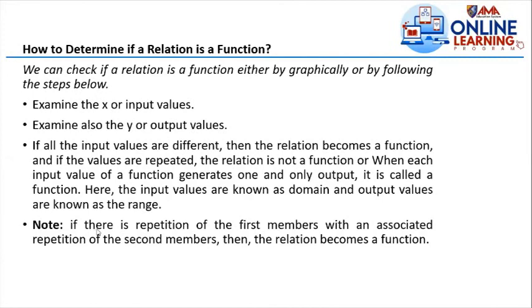Okay? Note, if there is a repetition of the first members with an associated repetition of the second members, then the relation becomes a function. Alright, so here, pero for example, kung ganito yung nangyari kanina, kung sa list natin kanina, for example, here.